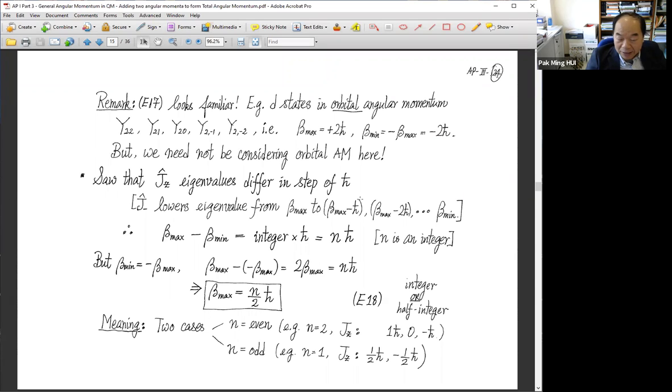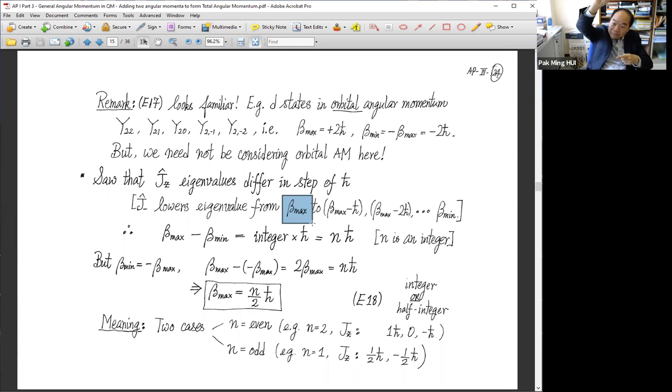So we have seen that beta minimum is minus beta maximum. And we have also seen that by operating from the higher state with J minus, it should come down in steps of h bar, h bar, h bar to negative and arrive at beta minimum.